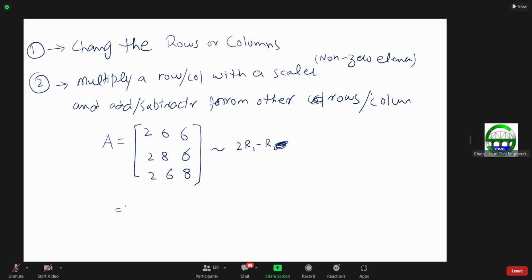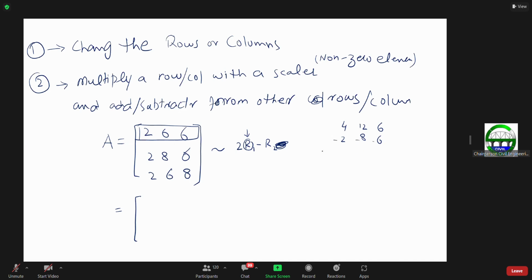So what did you do? You multiplied row 1 with 2. If you multiply row 1 with 2, it will be equal to 4, 12 and 12, and now minus R2, 2, 8, 6.